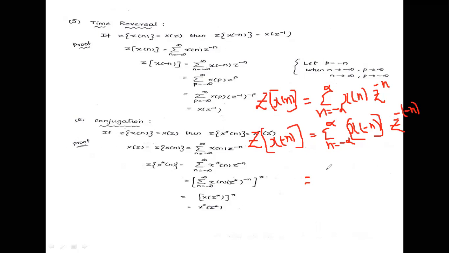Now we can rewrite this function as the sum of n equals minus infinity to infinity of x of minus n and z power minus 1 whole power minus n. So when the signal is x of minus n, instead of z it is actually X of z inverse.